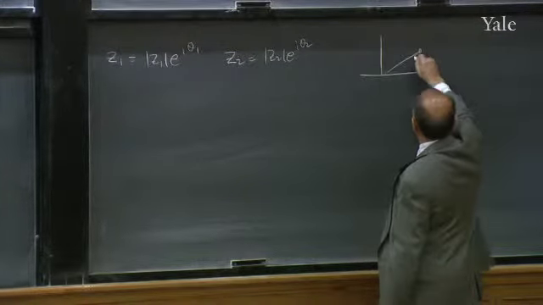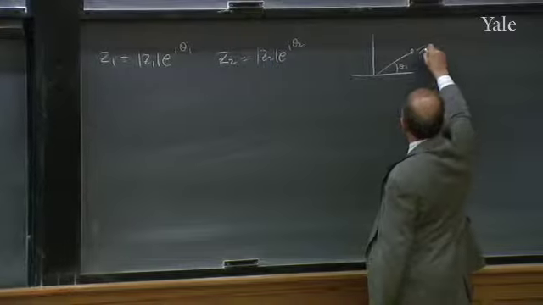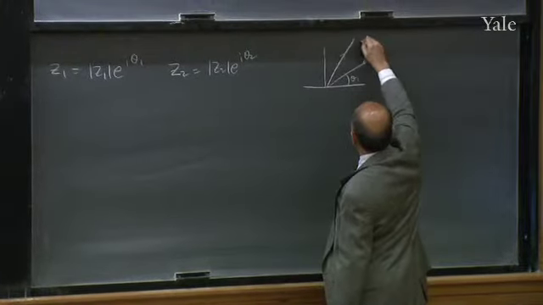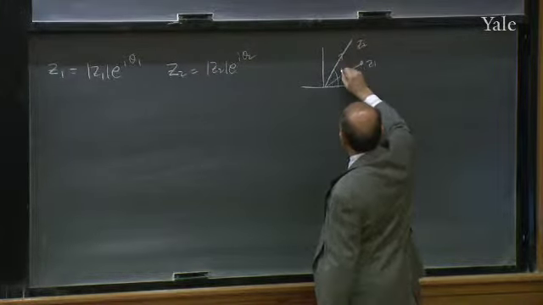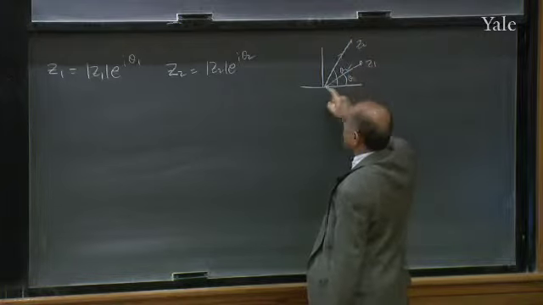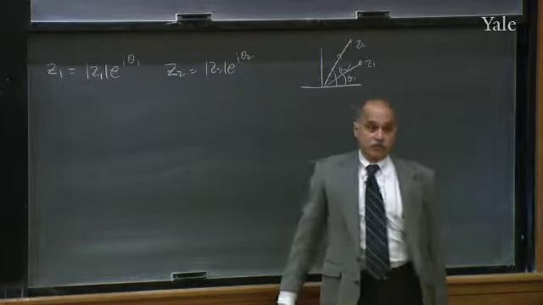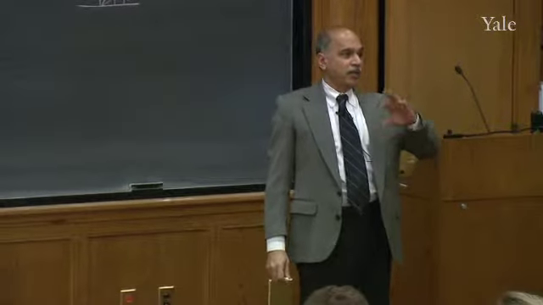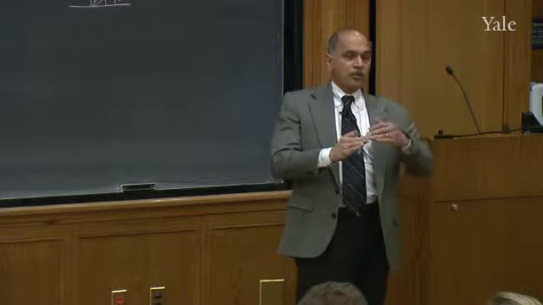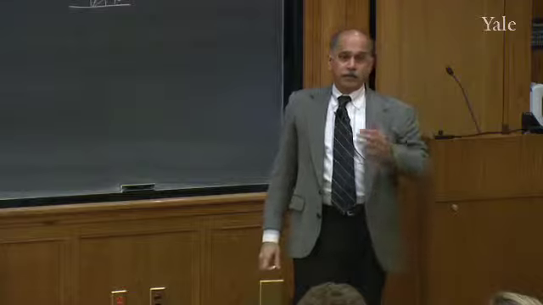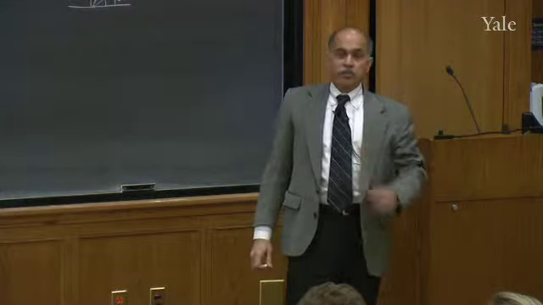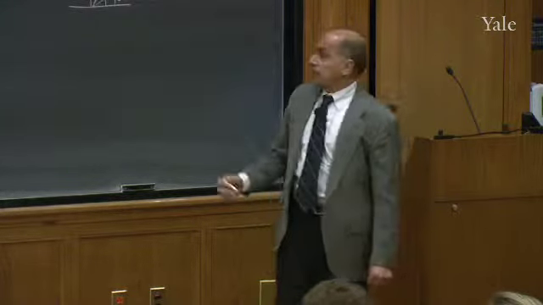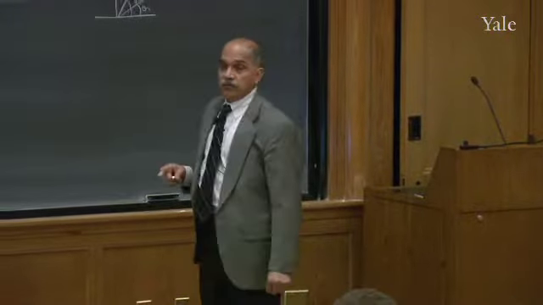Well, z1 looks like this at some angle theta 1. z2 may look like that. It's got some angle theta 2. So every complex number has a length and an angle. You can think of it two ways. It's got an x part and a y part, namely real and imaginary, or it's got a modulus and a phase. That's the Cartesian version of the number and the polar version of the number. And the connection between them comes from Euler's formula.